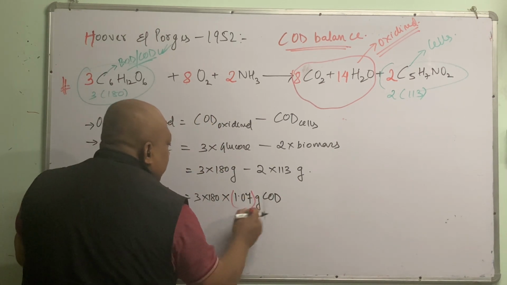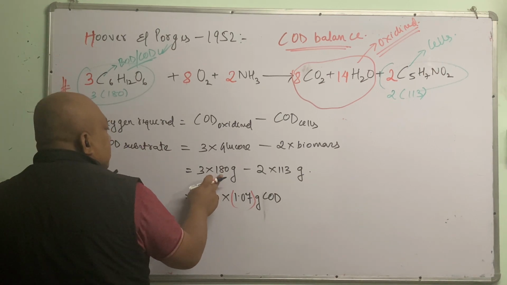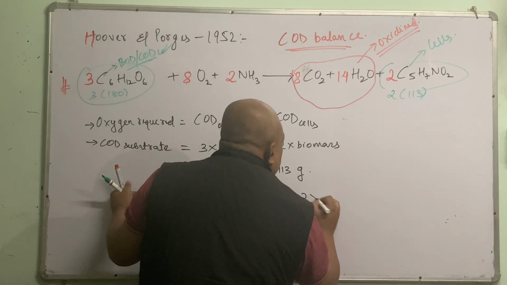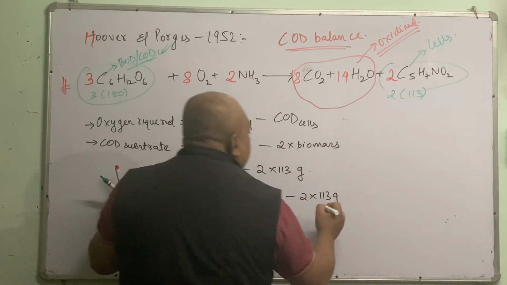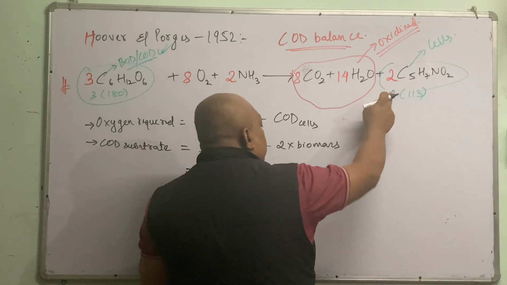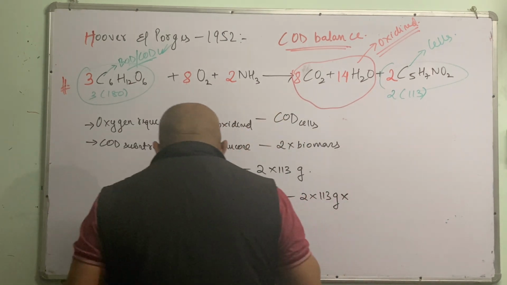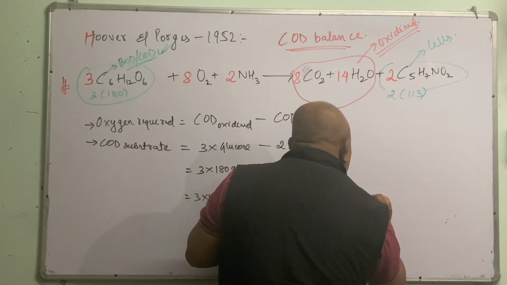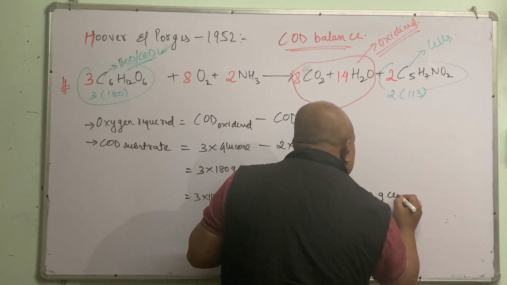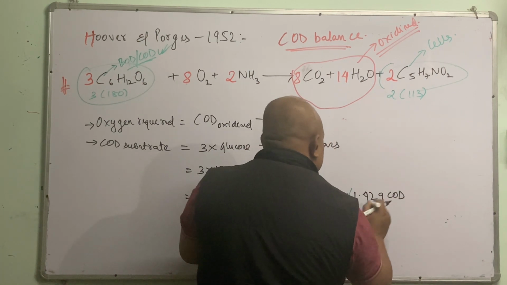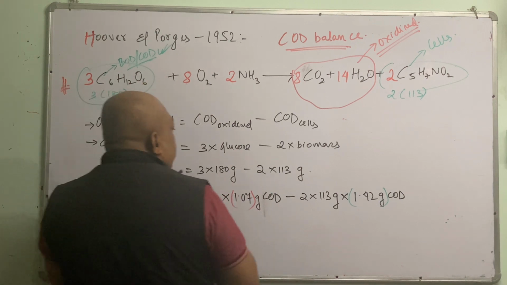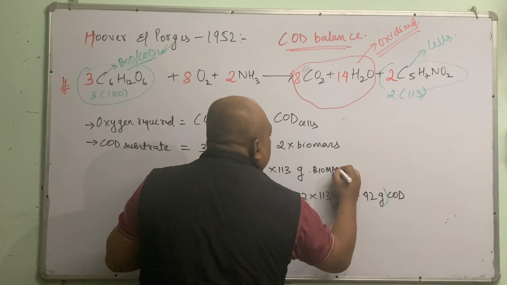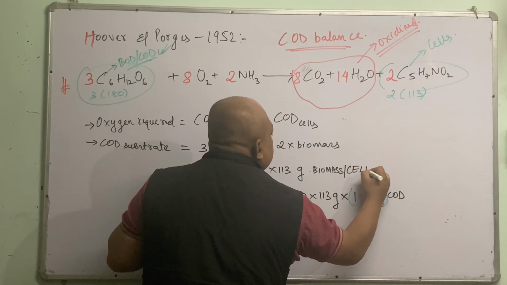This we got from the previous equation. 1 gram of glucose is equivalent to 1.07 grams of COD, correct? Minus 2 into 113 grams of biomass, and 1 gram of the biomass is equal to 1.42 grams of COD. This is biomass, or we can call it cells.